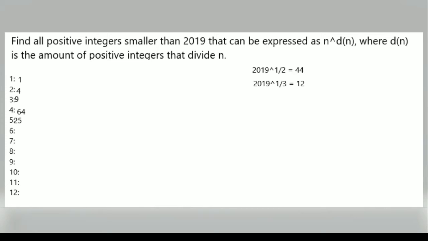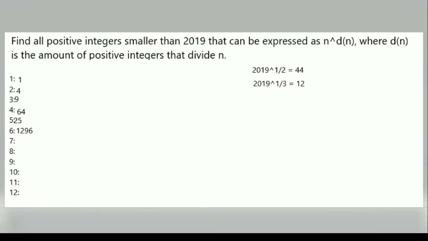With 6, 6 is 2 times 3, the product of 2 prime numbers, so we know that it has 4 divisors, and that is 6 to the power of 4. It's a large number, 1296.